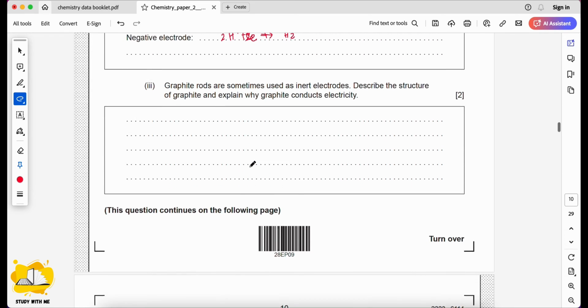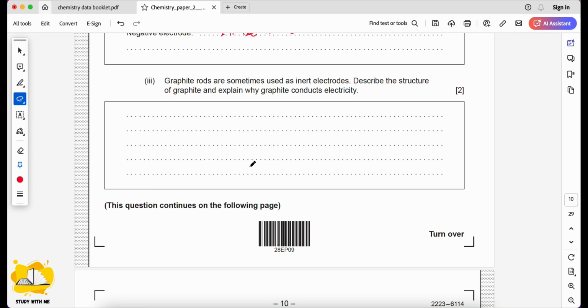Okay. Graphite rods are sometimes used as inert electrodes. Describe the structure of graphite and explain why graphite conducts electricity. Layers of carbon atoms in a giant structure, because graphite is one of the substances that has a giant structure.